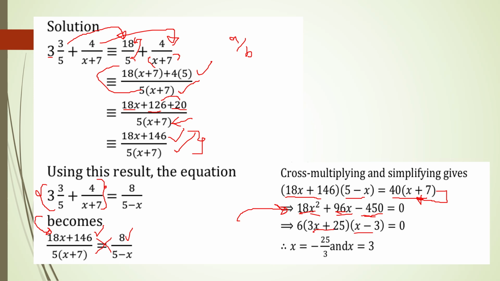But you can also use the quadratic formula, which is available in your logbooks. So simplifying, you're going to get x to be negative 25 over 3, and the other x to be positive 3. And those were the solutions which are required.